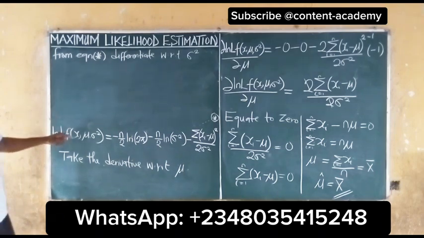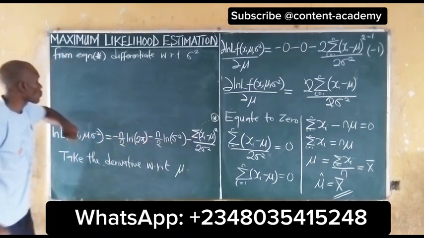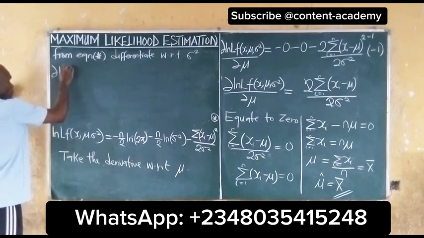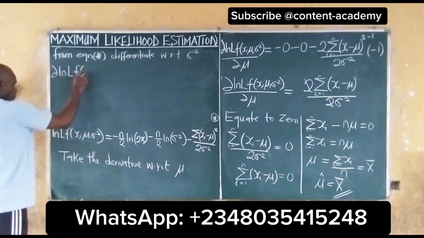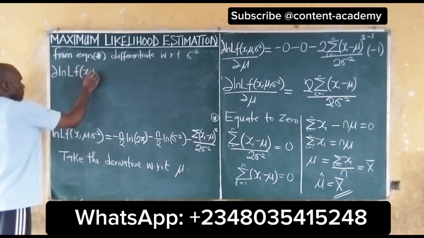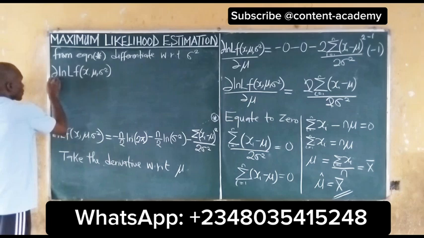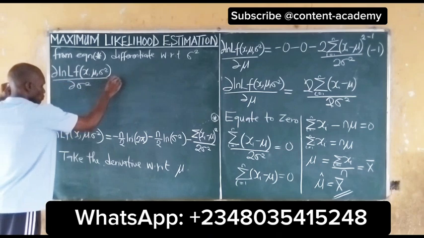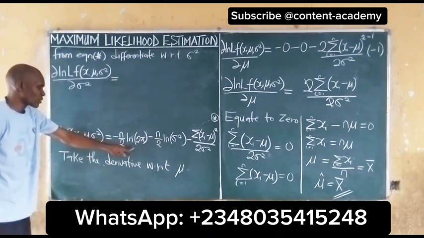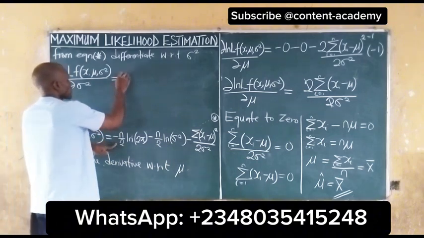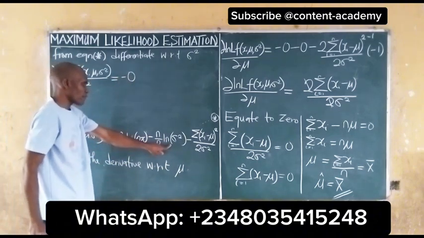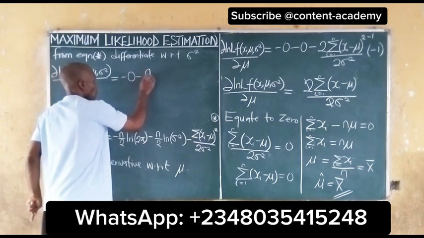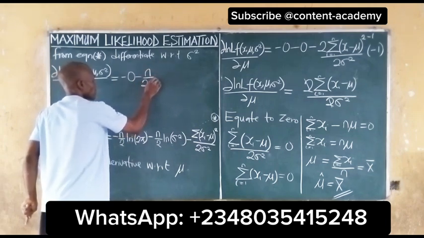So, if we are differentiating with respect to sigma squared here, we have the derivative of f(x; mu, sigma squared) over d sigma squared equal to, now, if you watch, there is no sigma squared here, so it becomes automatically 0. Now we have sigma squared here. If we differentiate this with respect to sigma squared, we have negative n all over 2 sigma squared.